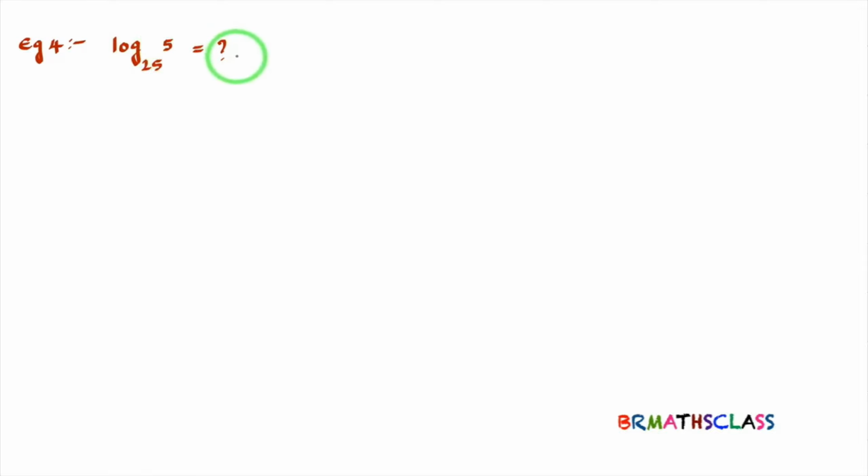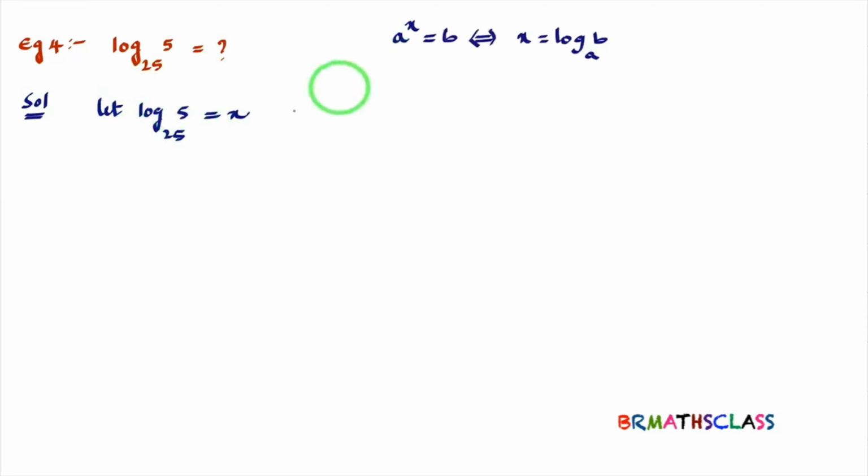If you identified it, write the answer directly. Otherwise, you just go through the procedure. What is the procedure? You take log 5 base 25 as x. So you need to find this value now. Here this can be written as 25 power x equal to 5. How can you write like this?